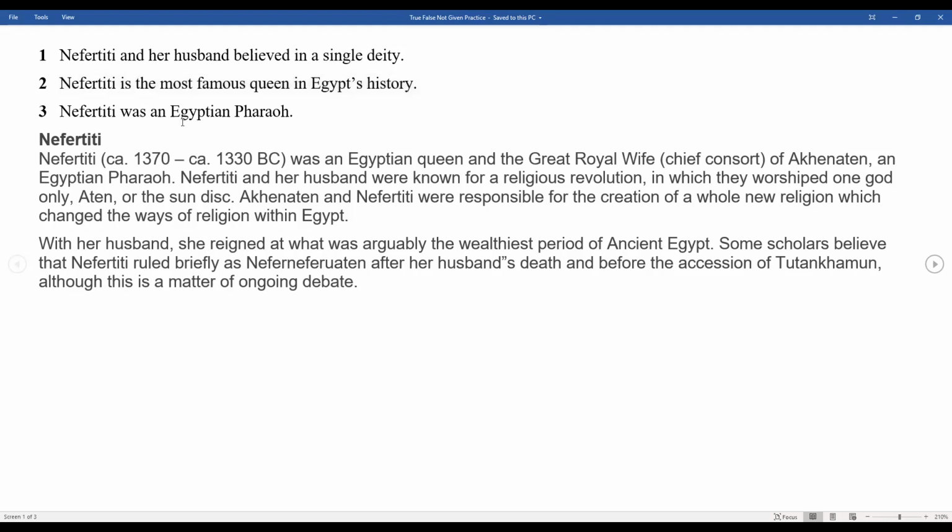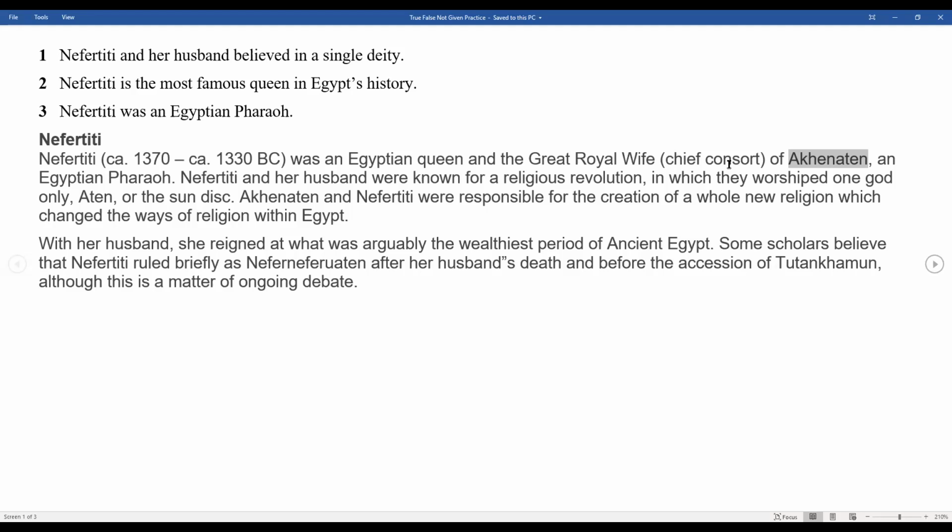Okay, what about the third one? Not given. Actually, the answer is false, right? She was an Egyptian queen and she was the consort of the pharaoh. So the answer is over here. This guy is the pharaoh, pardon me, I don't know how to pronounce his name, and she is his wife, his chief consort, his primary wife, his main wife.